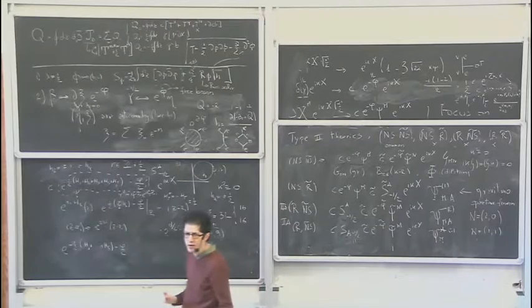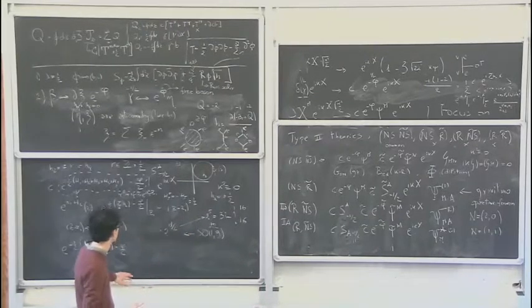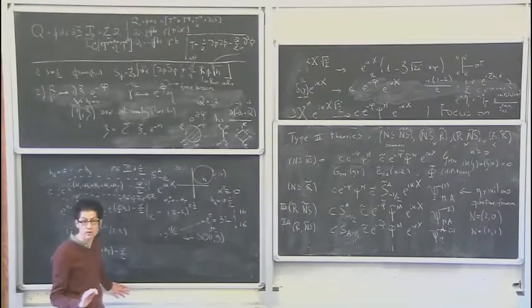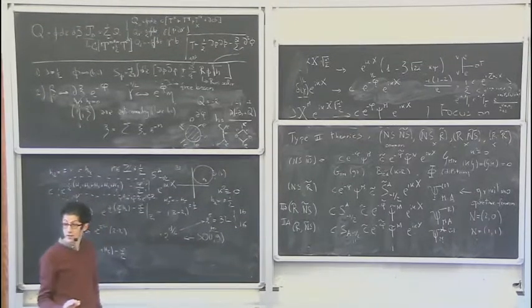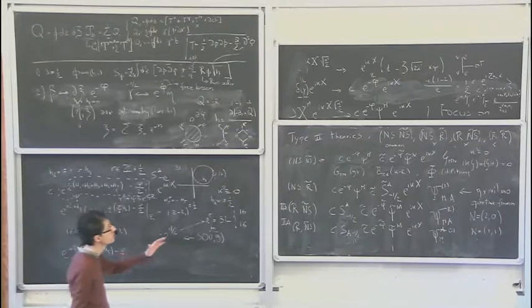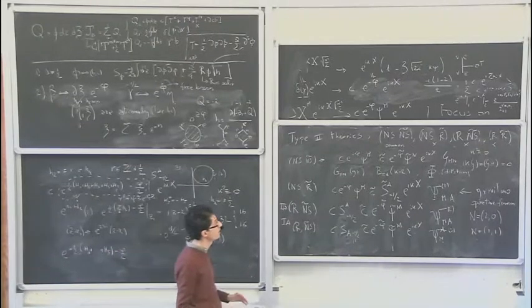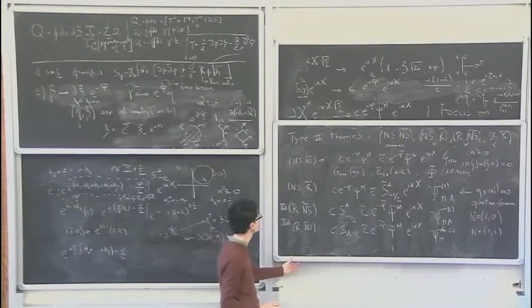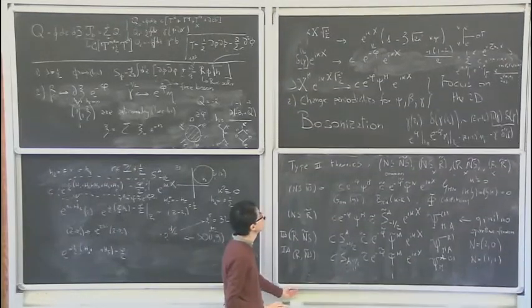Now you may say, okay, hang on a moment. Are you really allowed to change the GSO projection for the Ramond sector? I mentioned that we are not allowed to do so in the Neveu-Schwarz sector. In the Neveu-Schwarz sector, we have to choose the projection that kills the tachyon and keeps the vector.